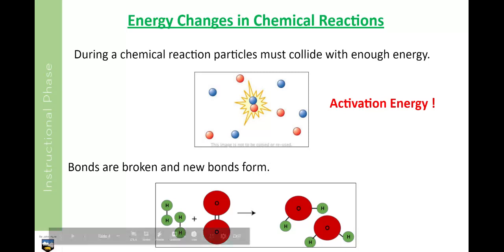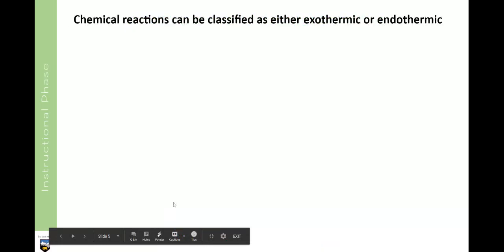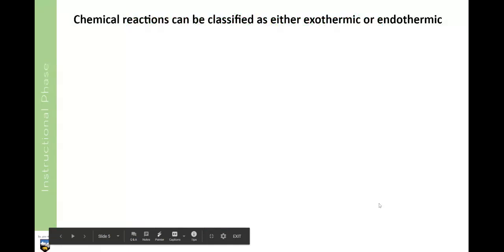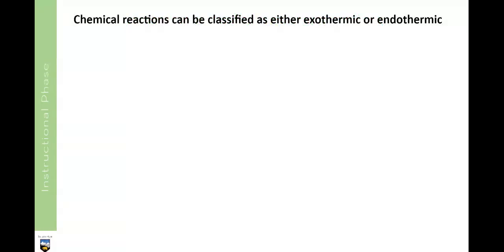If we look here, the reactants, hydrogen and oxygen, go to make a water molecule. So these bonds are broken in order for new bonds to form. Now, chemical reactions we know can be classified either as exo or endothermic.